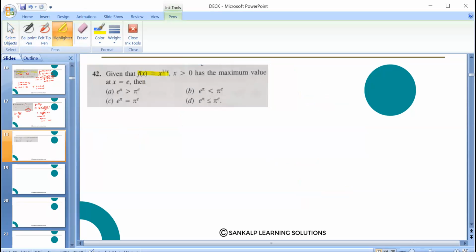The function x power 1 by x has maximum value at x equal to e. Then what we have to prove? That is what you are going to say. So f of x is given as x power 1 by x. And we know x is greater than 0. X equal to e is the maximum point. That means all f of x will be less than f of e.